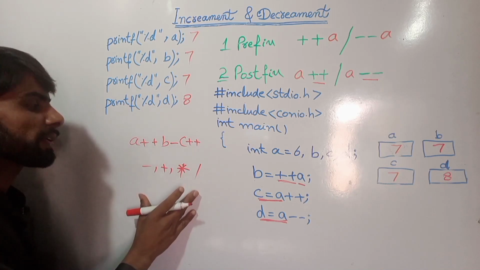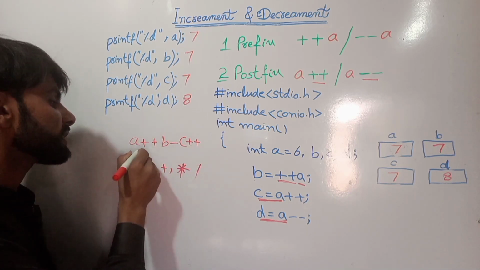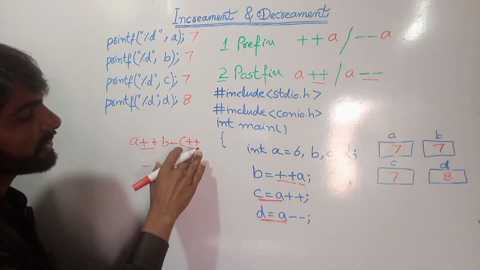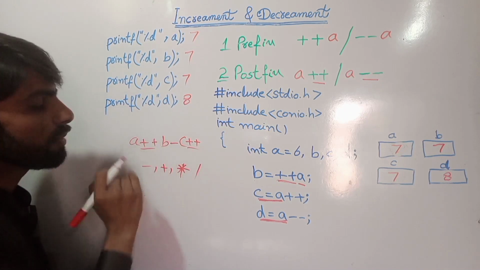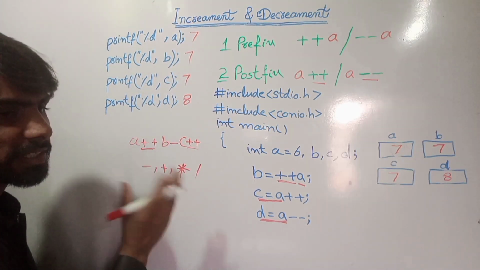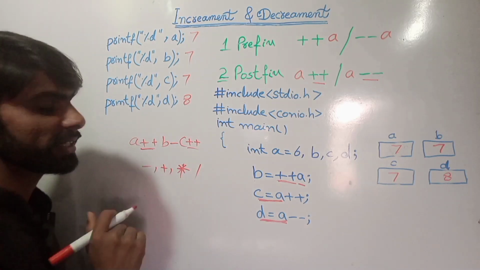So these are arithmetic operators. In this case, the higher precedence goes to the increment and decrement operators, and after that the relational operators, right? In the next video, I'll describe all about higher precedence and lower precedence, right?